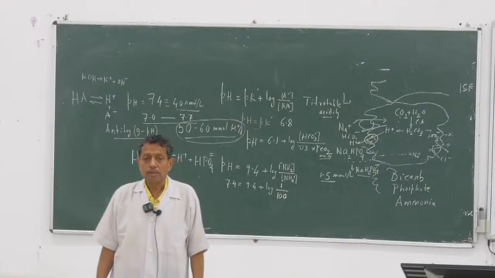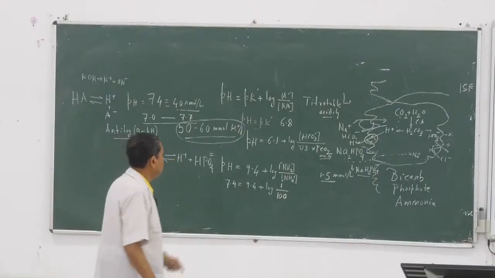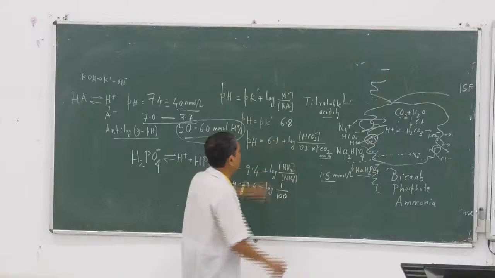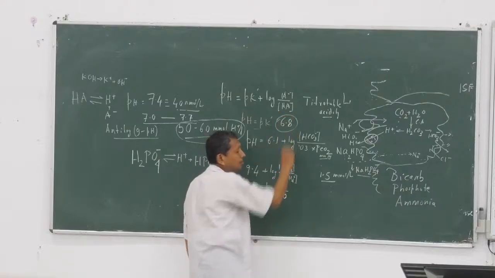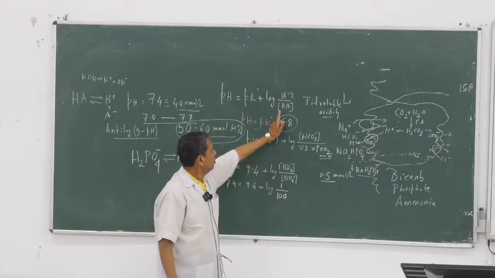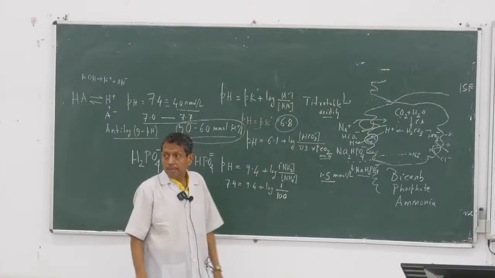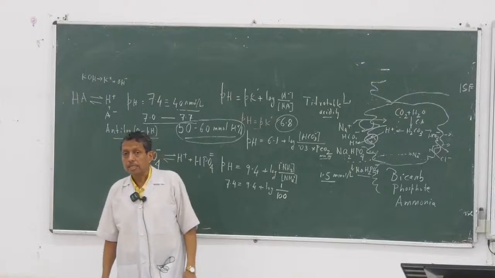Its concentration goes on increasing, and its pK value is 6.8. So it is an effective buffer, because the concentration ratio is approximately 1, and in this way it is eliminated.